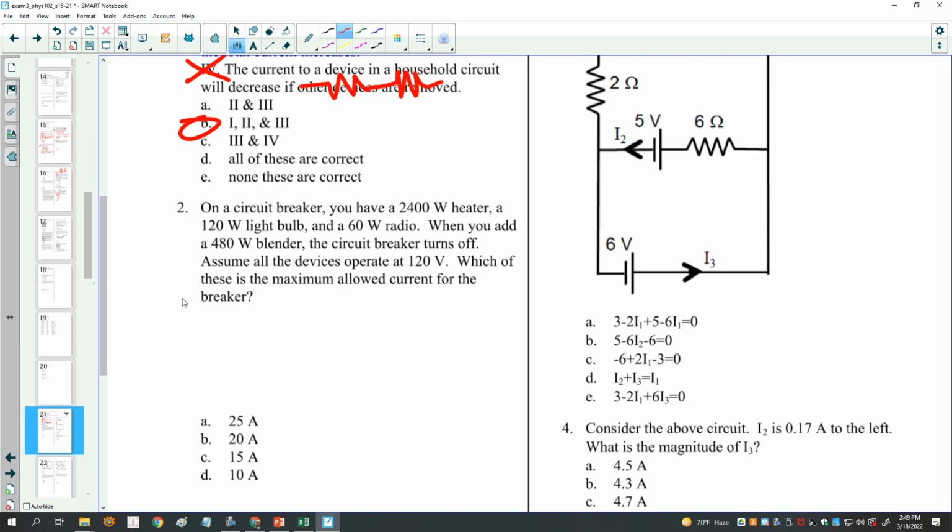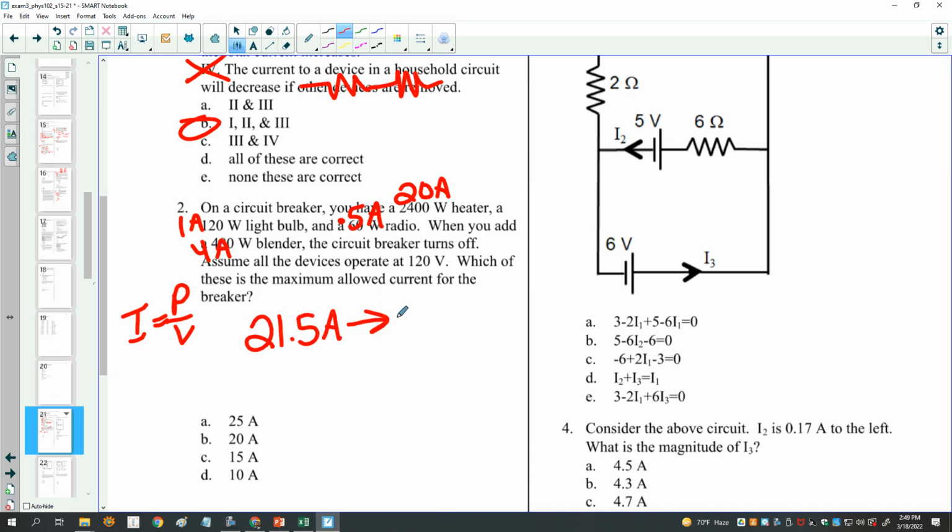Here's a similar question. Remember, I is equal to P over V. So this is 240 over 120, or 2 amps. This is 1 amp, and this is 0.5 amps, and this is 4 amps. So I have 21.5 amps.